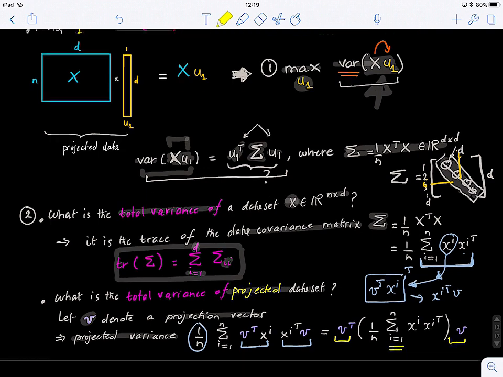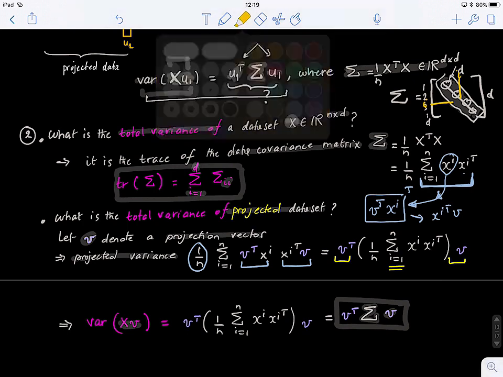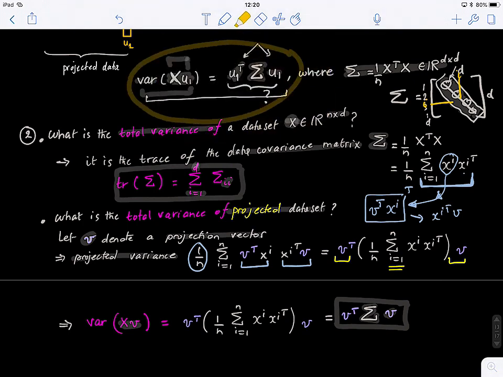And what I get next is this. So the variance of xv is v transpose covariance of x times v. So this is exactly this, right? This is what I was talking about. How did we get this one? Okay, this is how we got it right here.